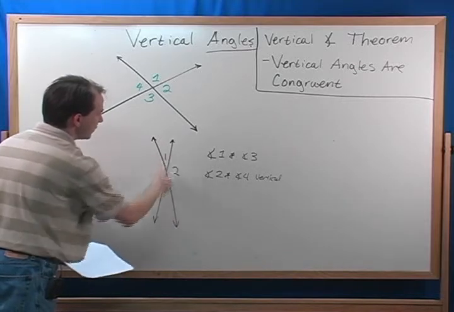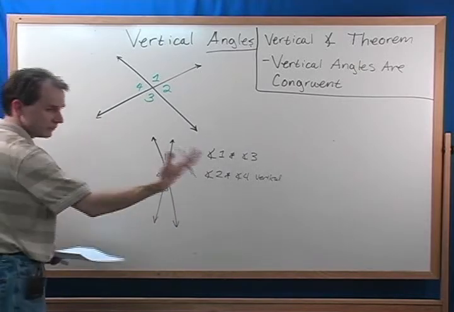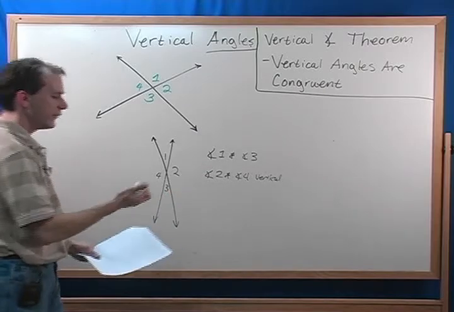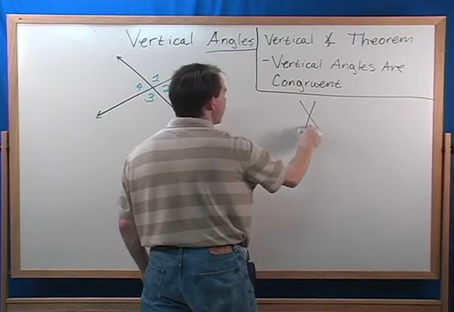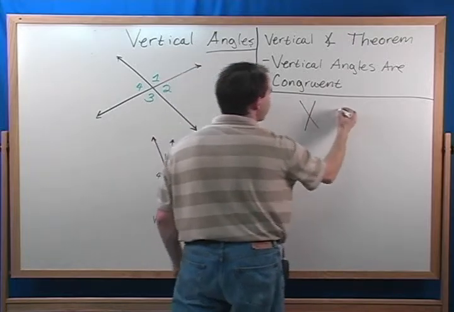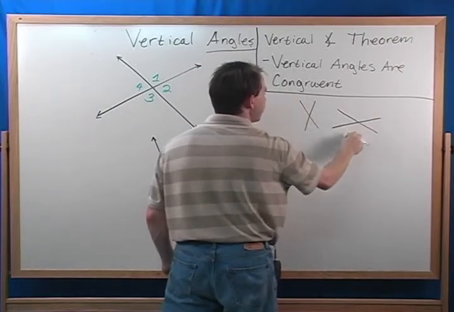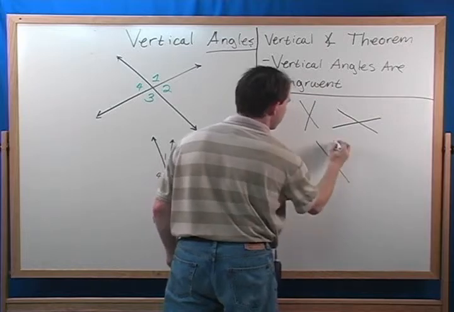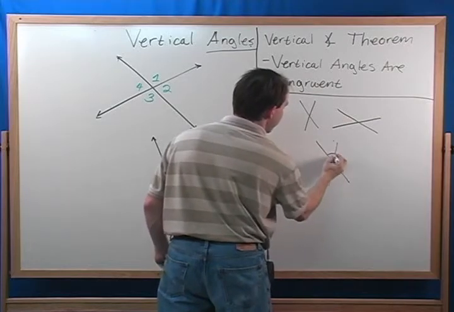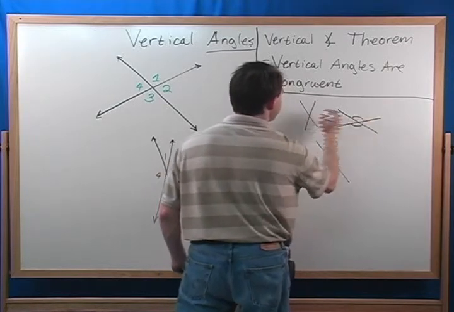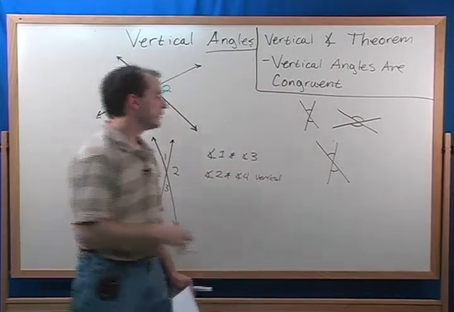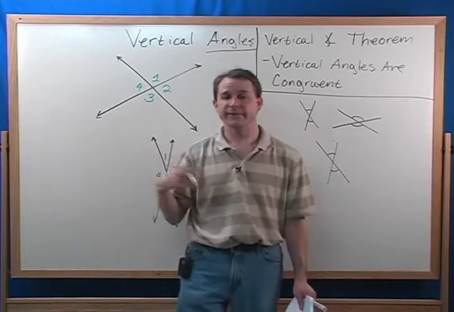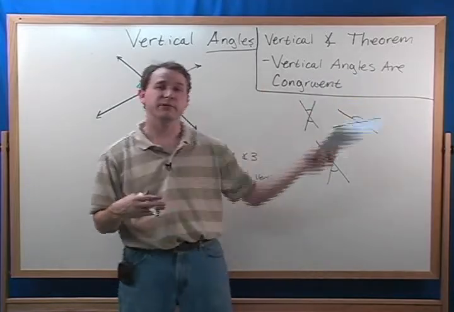This angle, number 2, is always going to be congruent or equal to number 4. So no matter how you crisscross two lines, you will always have some angles that are opposite of each other. And they're always going to be congruent. They're always going to be equal to one another. That's all it's saying. That's actually very important. So it seems simple. It's a very short little theorem to remember.